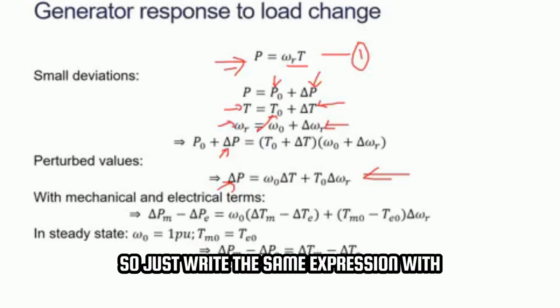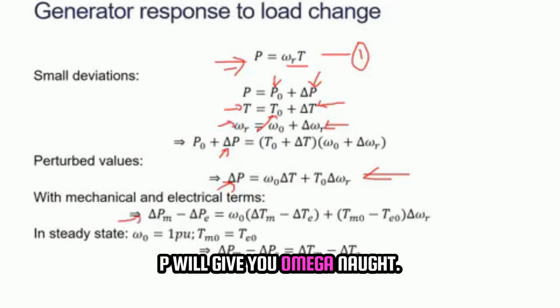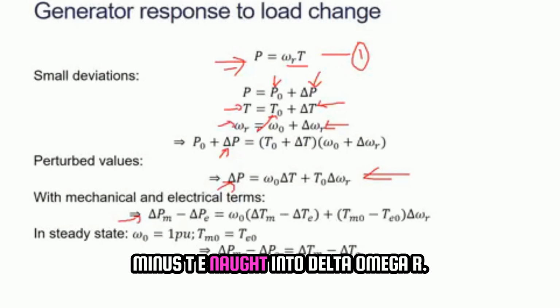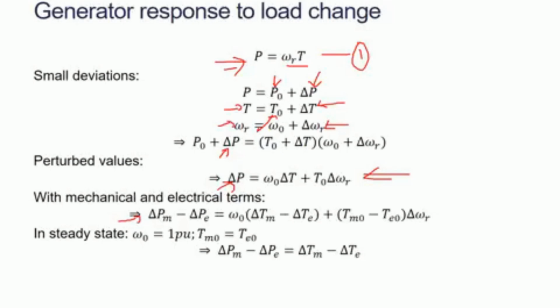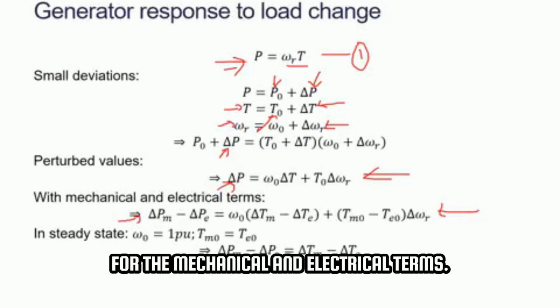So just write the same expression for mechanical and the same for electrical and subtract. Basically delta Pm minus delta Pe will give you omega naught into delta Tm minus delta Te plus Tm naught minus Te naught into delta omega r. Right, so this will be the equation for the mechanical and electrical terms.